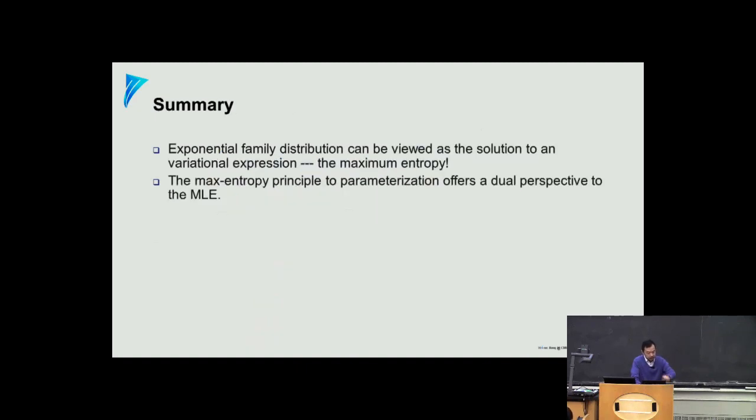Okay, so that's where I want to close. The take-home message for this particular part is that you have now hopefully come to realize that the exponential family distribution can be viewed as the solution of a variational expression, and we're going to use the variational principle heavily in the rest of the lecture to inspire approximate inference and also deep generative models and many of the new modern literatures, which unfortunately very often fail to acknowledge the root of where those ideas come from.